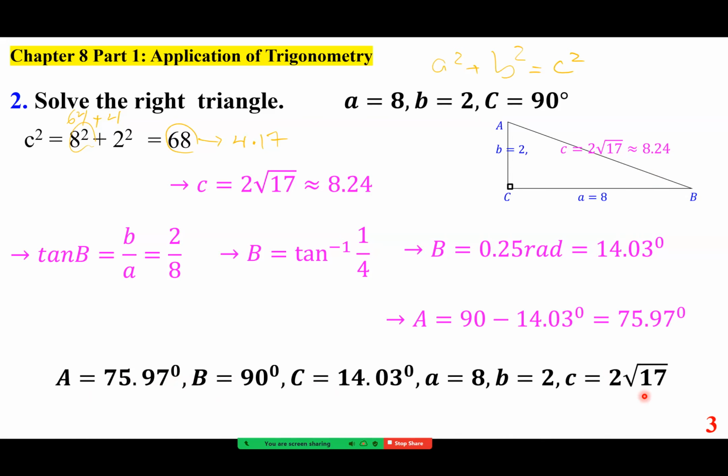I have a statement. On the answer key, it says that C is actually 2 square root of 5, instead of 2 square root of 17.